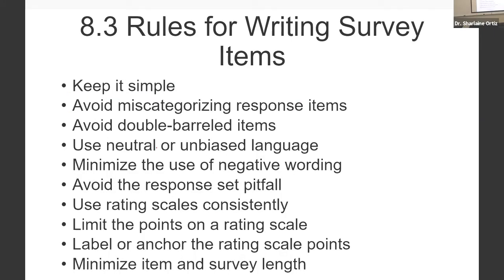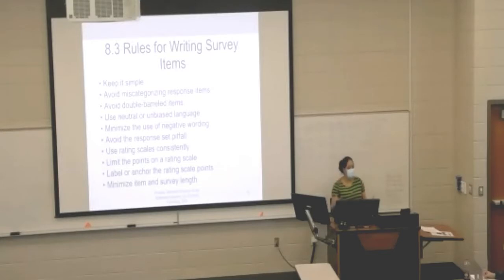Now, when we're thinking about a survey, you notice that earlier I gave you guys an example about a survey question, but then I said that's probably not the best question. And why is that? Well, because we have to meet certain criteria to ensure that there is the least level of bias.